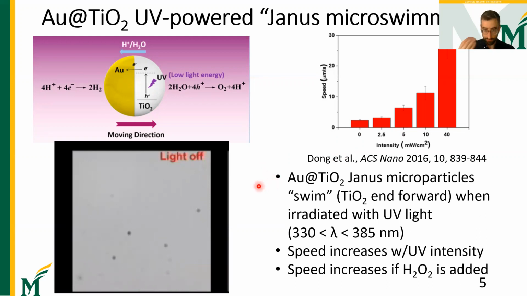So here, gold TiO2 Janus particles were reported to swim in the presence of near UV light between 330 and 385 nanometers. And the speed also increases as hydrogen peroxide, another common AOP participant, is included.